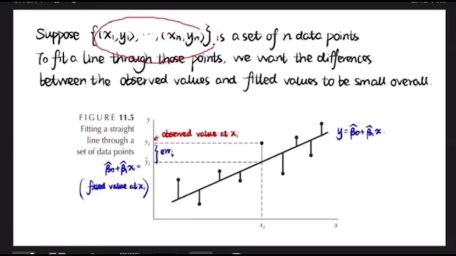Maybe x is production quantity, and y is, let me just say, run time. So we actually want to study the relationship between run time and production quantity. We want to see the effect of quantity on run time.